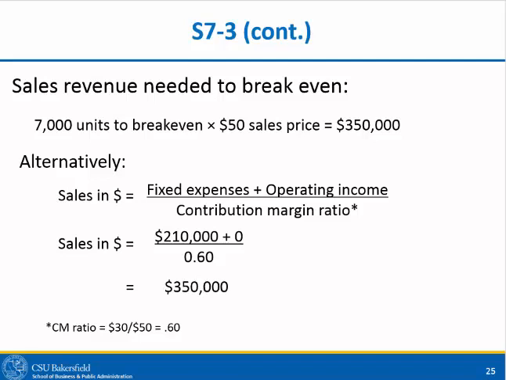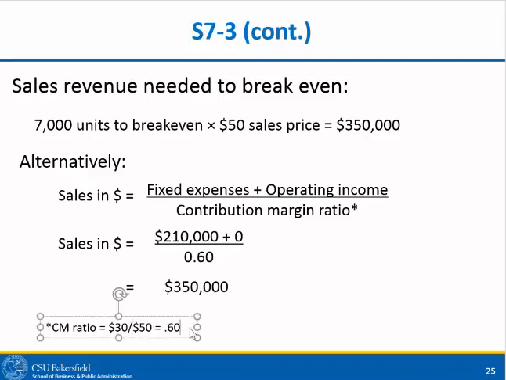It's 210,000 plus 0. Break even point means 0 operating income. Then how to find the contribution margin ratio? You have to divide the contribution margin per unit by the sales price. Contribution margin is $30, and the selling price is $50. So you divide $30 by $50 to arrive at the contribution margin ratio.